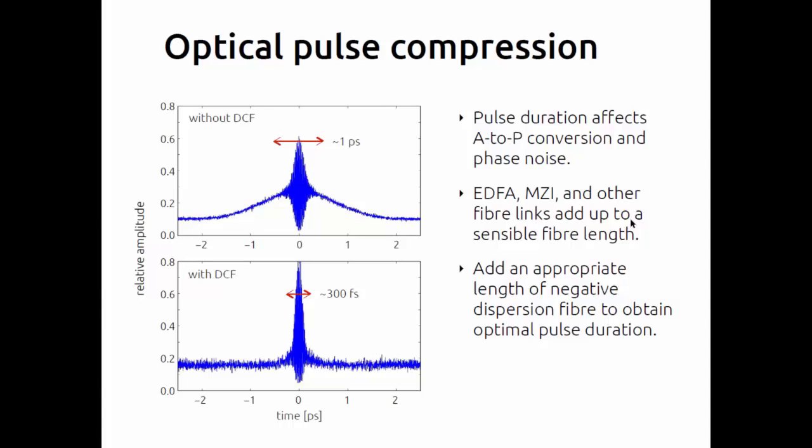One final trick we need to implement to have low phase noise production from the system is to have optimal duration of the optical pulses.